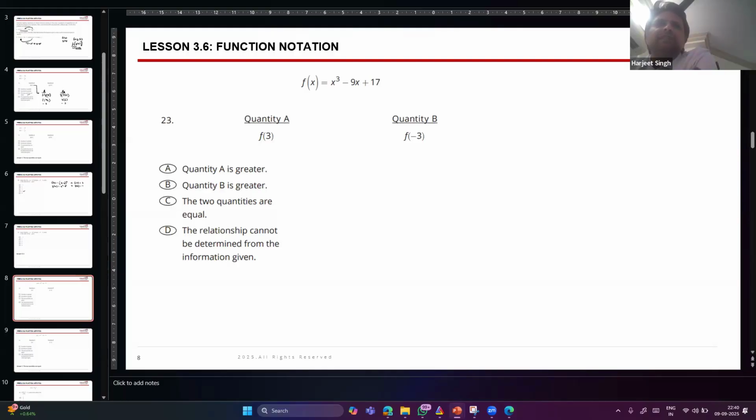Answer is A. And why is that? Because if you substitute for 3, what do you get? 7.